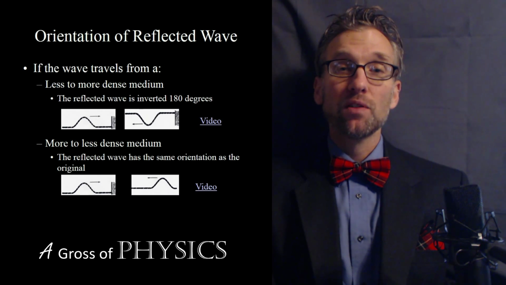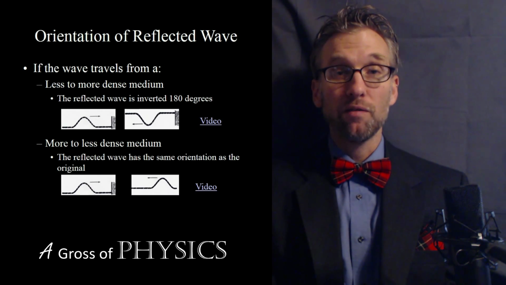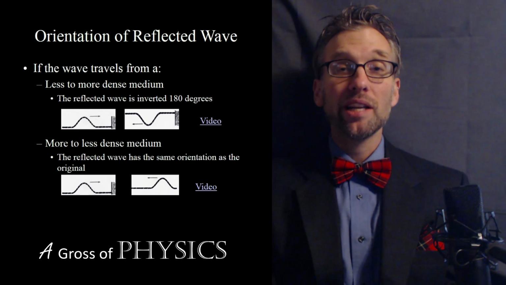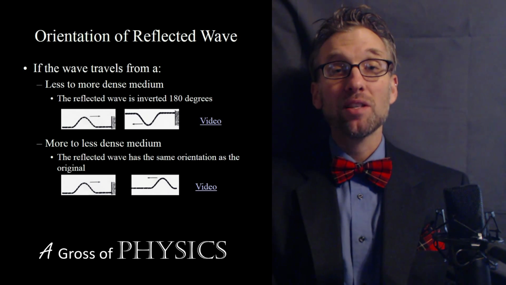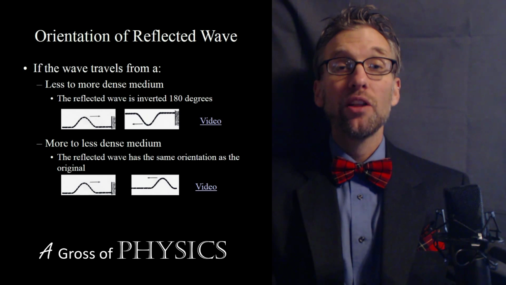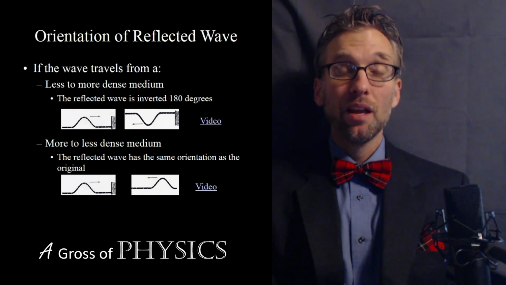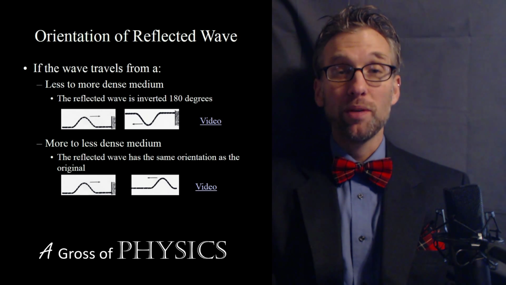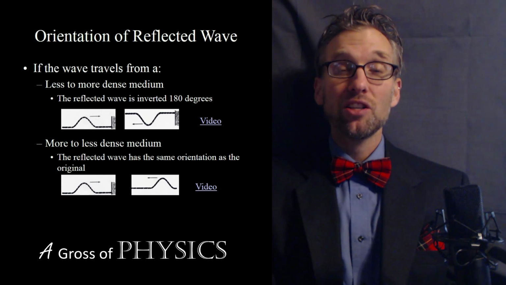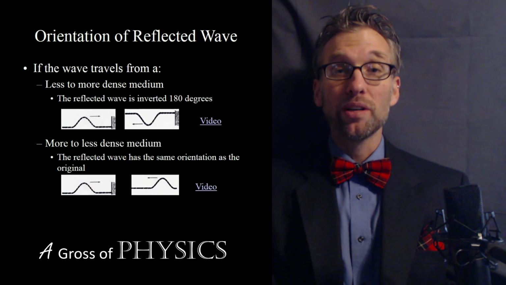For example, if we have a transverse wave and there's a crest traveling forward and it hits a more dense material, as it bounces back, instead of a crest, there will be a trough instead. If we have a compression that hits the wall, an expansion will be sent backwards. And that's the situation where you have a less dense to a more dense material.